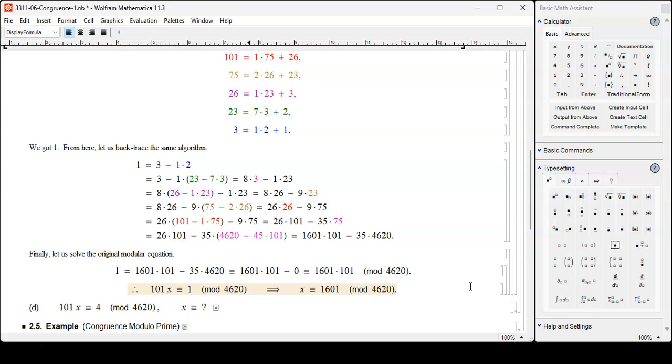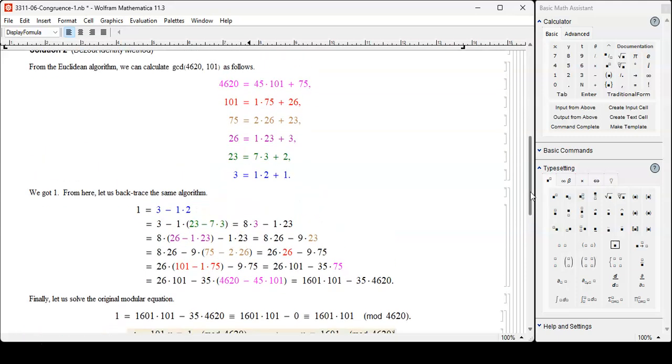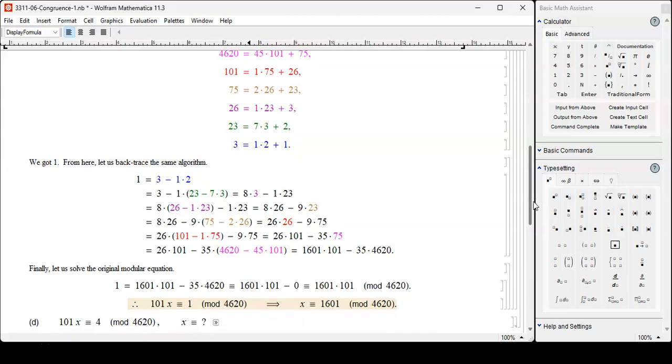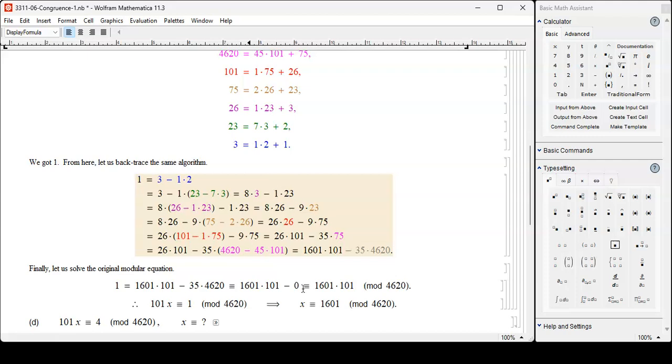That's how you get the solution. Euclidean algorithm, backtracing the Euclidean algorithm, and then dropping that out because that's 0. And then that'll give me 1601 times 101 is congruent to 1. That's going to be the multiplicative inverse that I'm looking for.